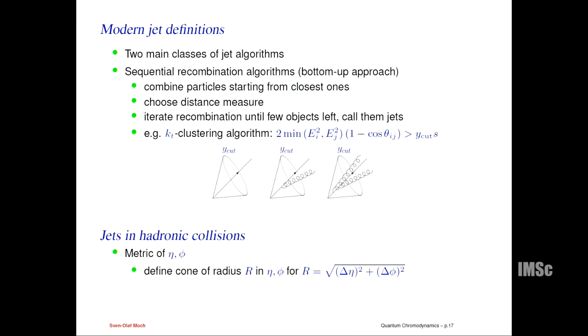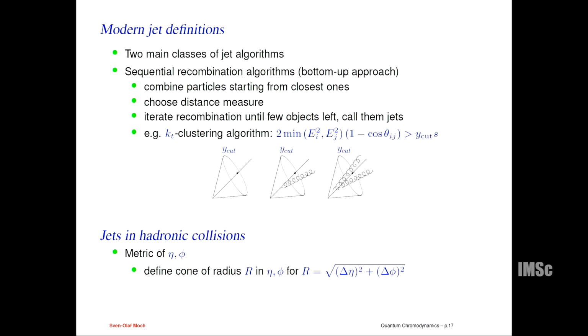Right, so this was about historical jet definitions. The modern jet definitions, and I think you will hear more about this in subsequent lectures, so I can be brief about this, come in two classes. One is a bottom-up approach, and this is what is generally done now.